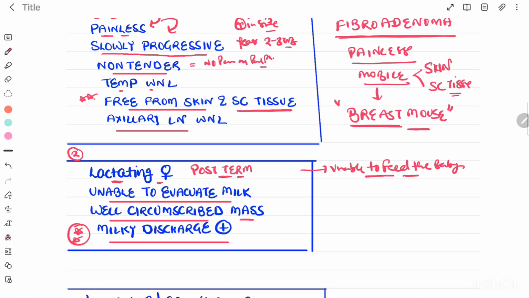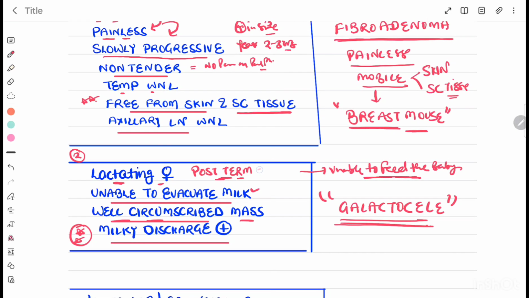Then in this case the differential diagnosis will be galactocele. So a lactating female in the gynae ward, unable to evacuate milk from the breast or unable to feed the baby due to any reason, with a well-defined mass in the breast, and on palpation you find milky discharge from the nipple, then you will suspect a galactocele. So this is the second case in the list of painless breast lump.